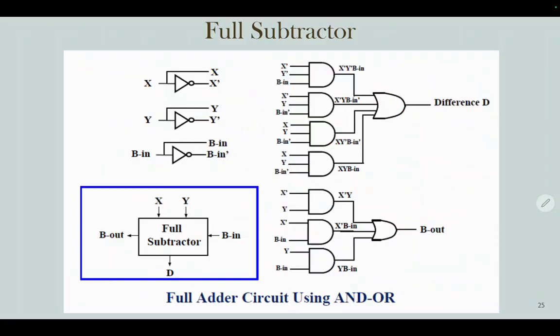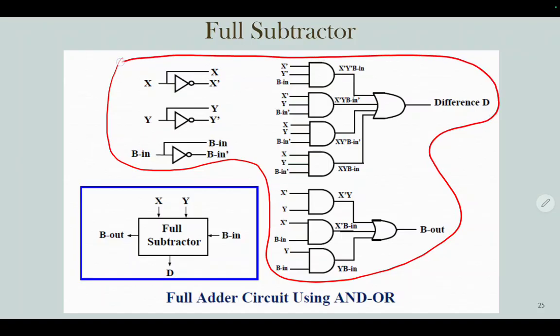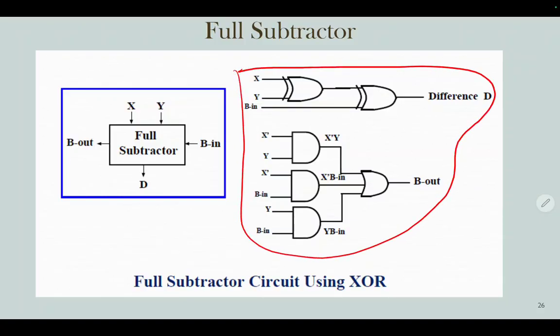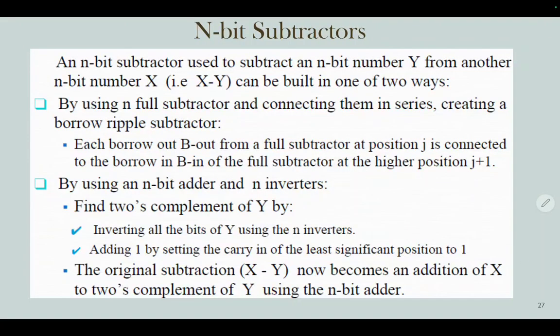This full subtractor can also be represented by this circuit with output and borrow, and also by XOR gates like this. So you have 3 circuit representations for the full subtractor.